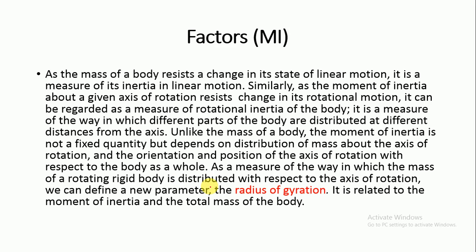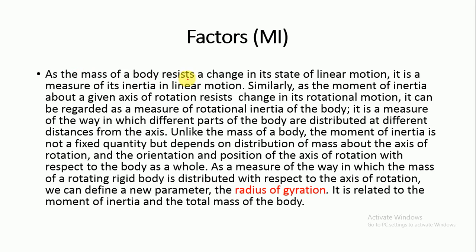Now, the factors on which moment of inertia depends. As you know, in translational motion, mass will remain constant. It is not going to change. Whether the mass is going along the x-axis, y-axis, or z-axis, it would remain constant. But this is not the case with the moment of inertia. So let us see.